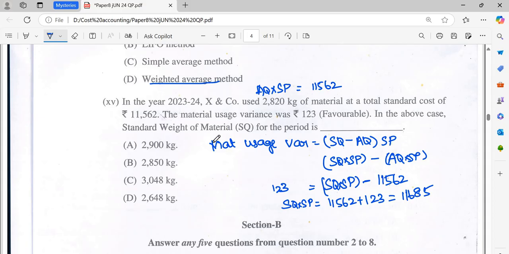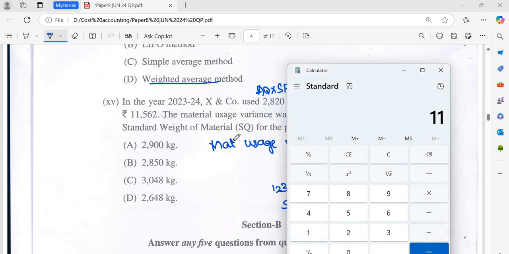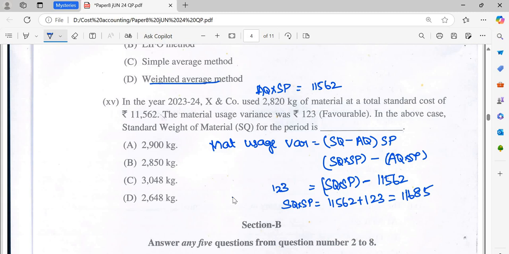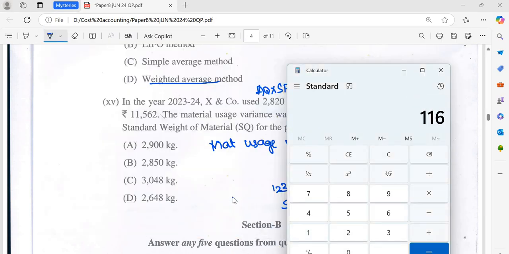Is it possible to calculate standard price here? Let us see. 11,562 is actual quantity into standard price, divided by 2820 kgs, so my standard price will be 4.1. So 11,685 divided by 4.1 gives 2,850 kgs. So option B.